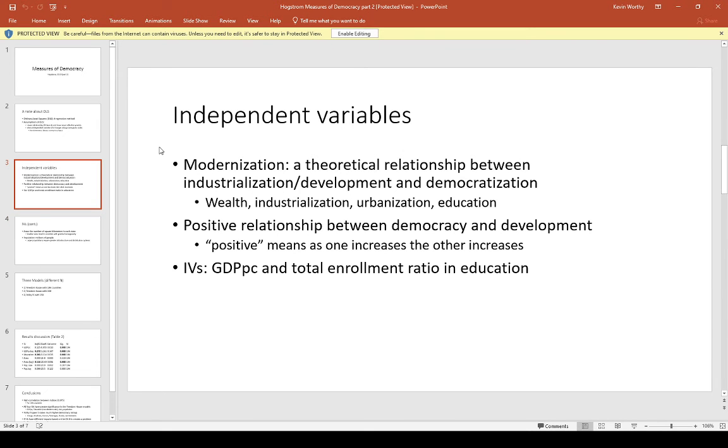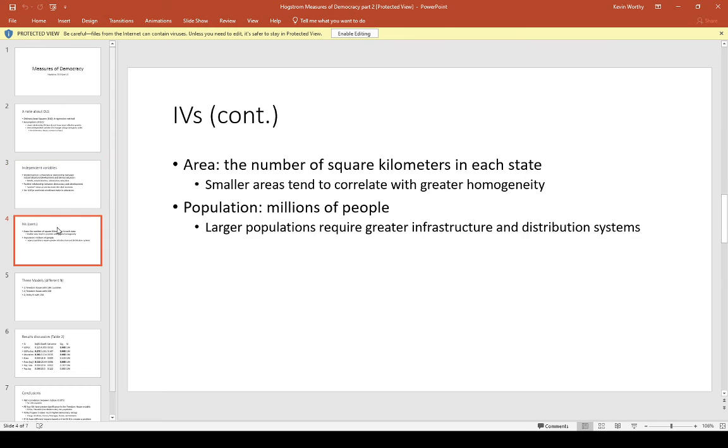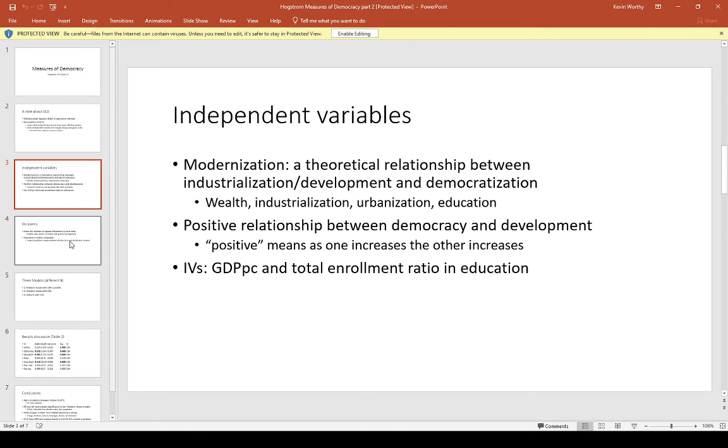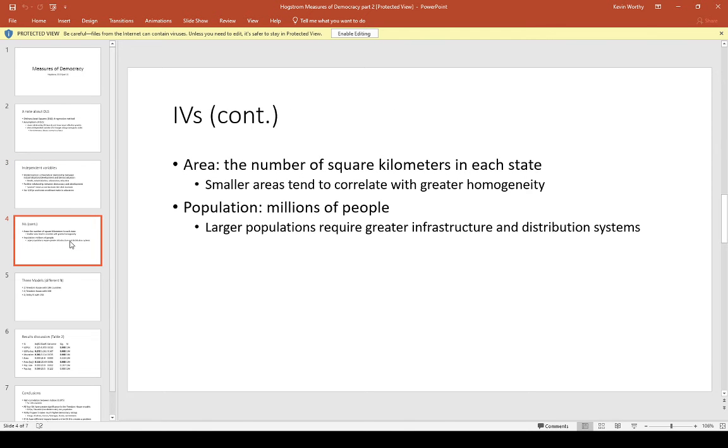Okay. So we make this argument, and then we make the next argument, a very simple argument: the larger the area, the harder it's going to be a democracy, right? If you have this huge landmass, they're not as homogeneous, right? The people that live in Greece are much more similar than the people that live in Russia.